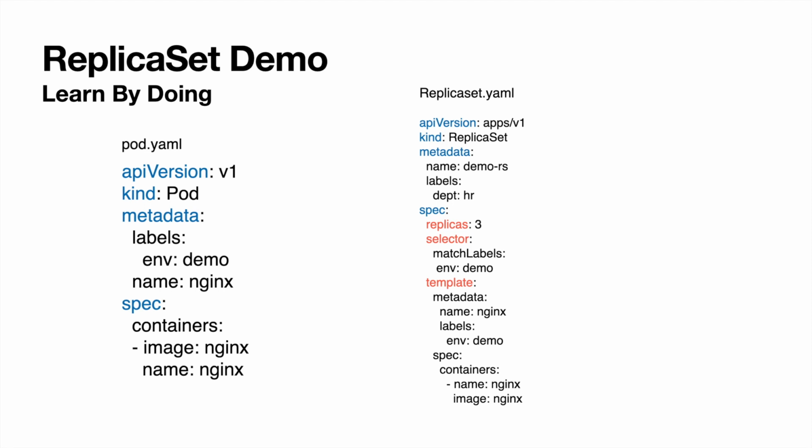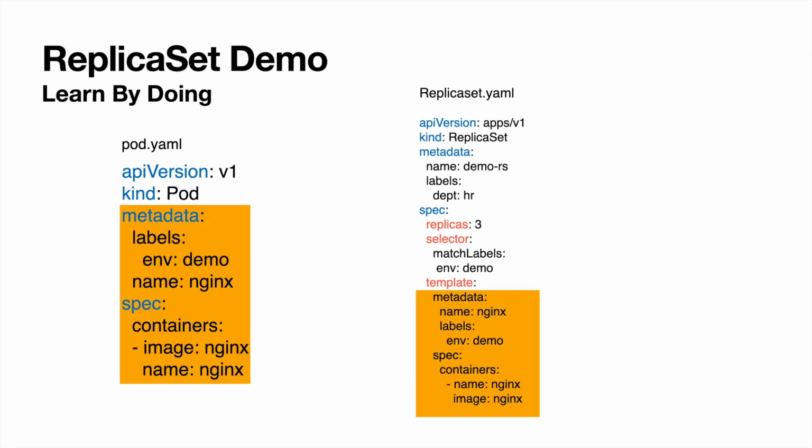Then template, and template is metadata and spec. If you look at it, it is exactly the same as what is there in pod. We took metadata and spec and copied them exactly to template. That's how we are telling the replica set to use this template and create our pods. So except API version and kind from pod.yaml, everything is flowing into your template. That is what template is. It's very easy to understand.